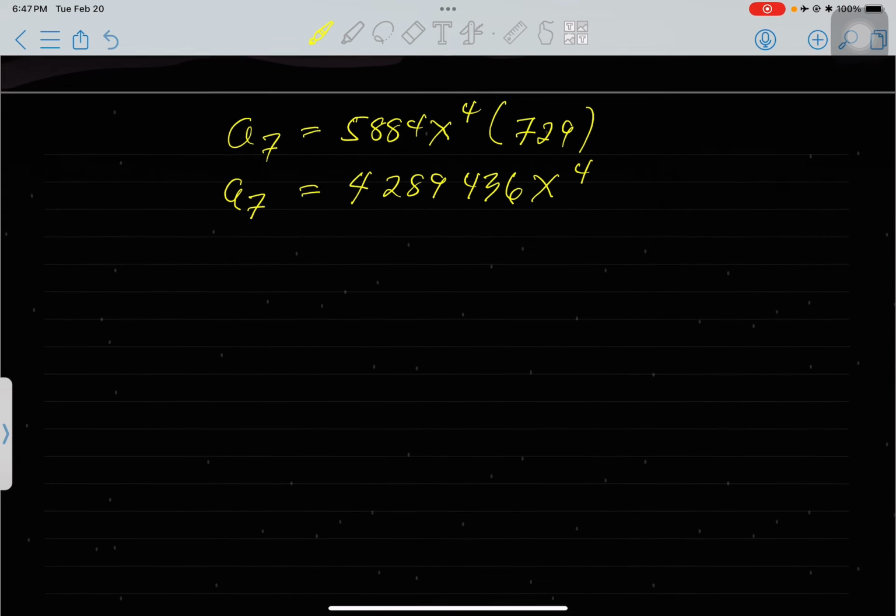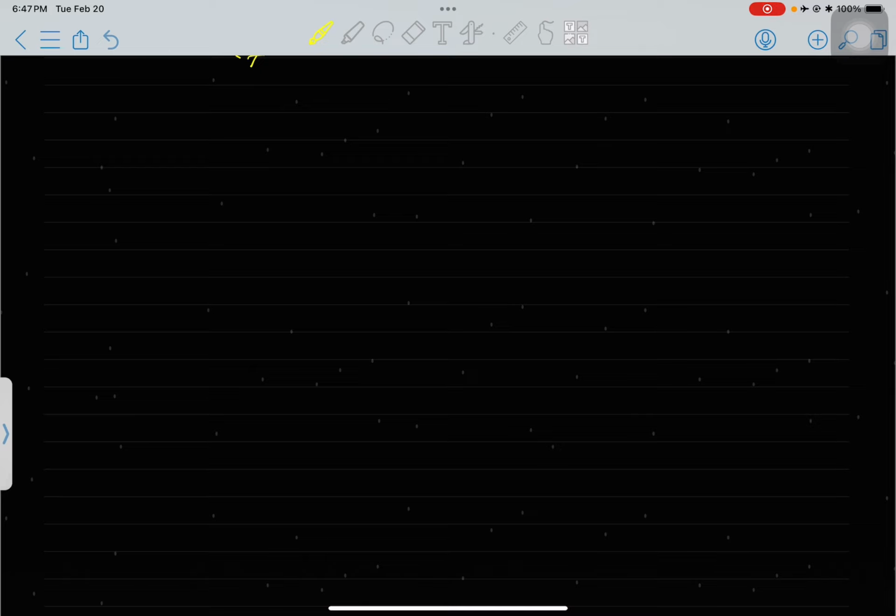Next, let's talk about geometric series. Our geometric series is different from geometric sequence. As I mentioned a while ago, series is talking about the summation, the total, or the sum. So when we say geometric series, this is the total of the terms in a given geometric sequence. And we have the formula for finite geometric series.